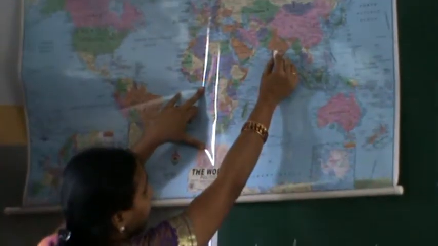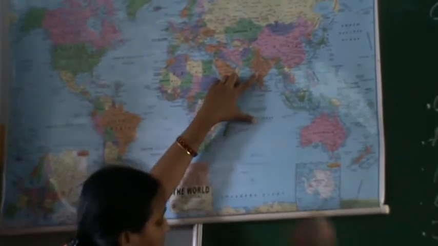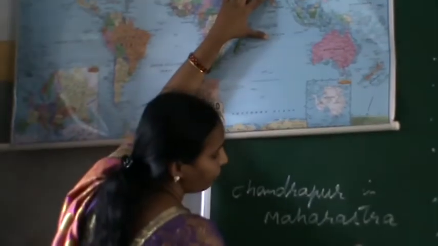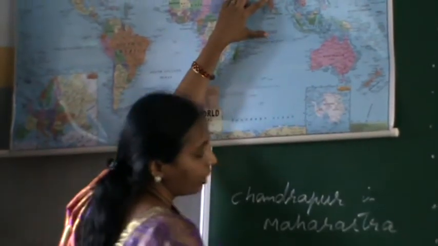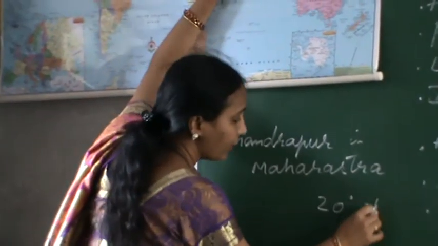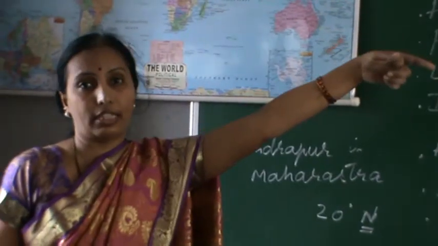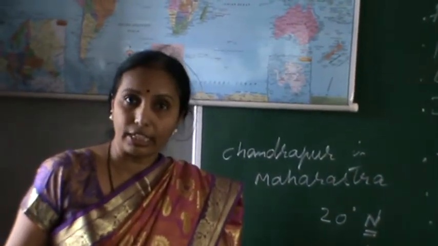It is located somewhere here, near the degree of 20 degrees latitude, which is denoted with the letter N. N means it is on the north side, in the northern hemisphere.